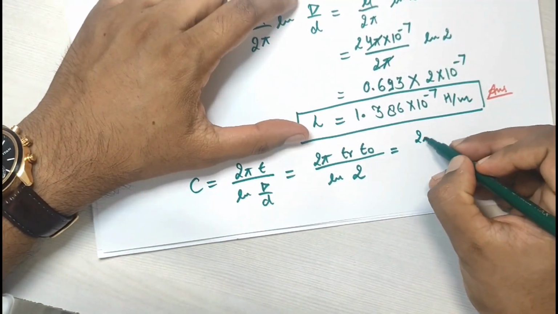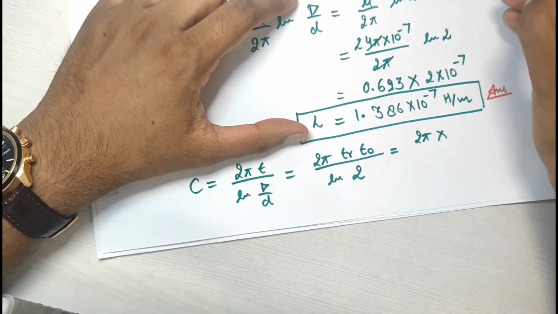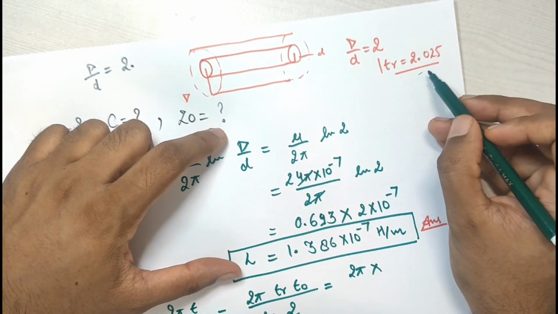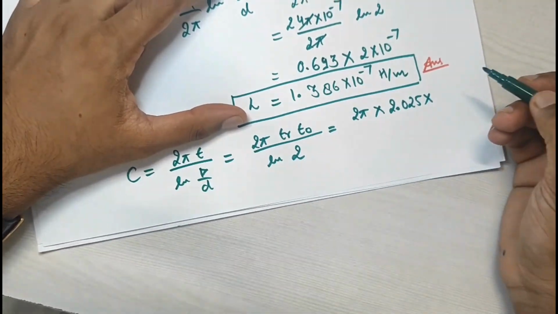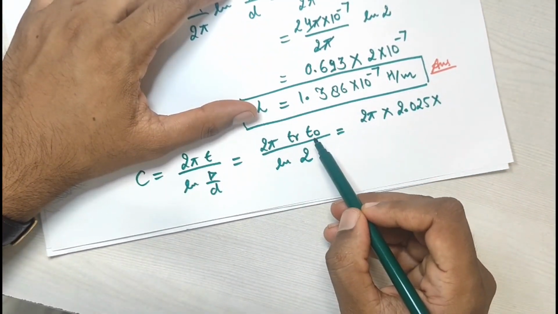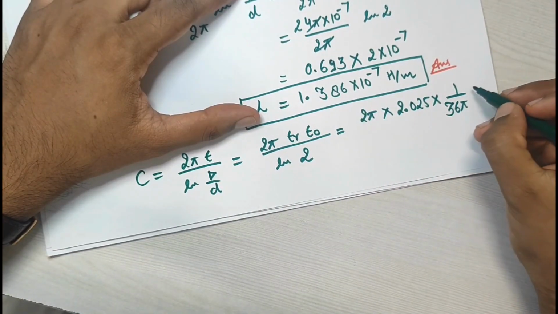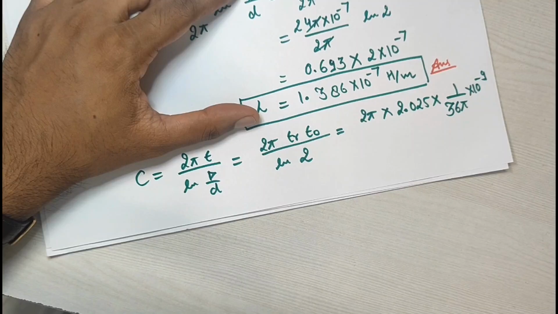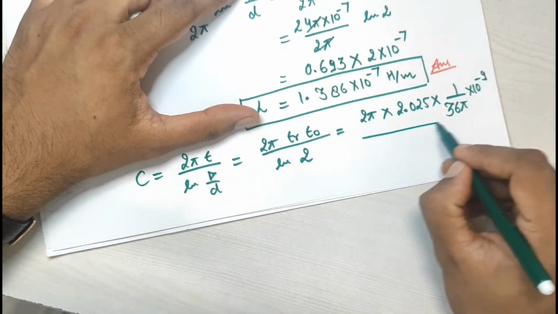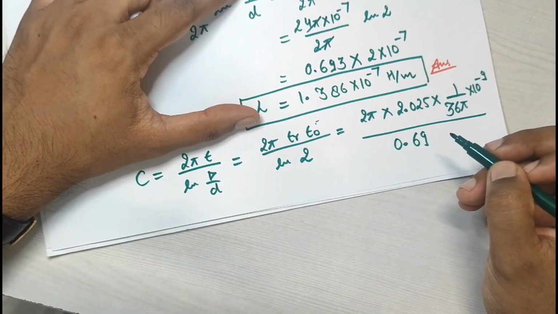So 2 pi, the value of epsilon relative is given, which is 2.025, and the value of epsilon naught is 1 upon 36 pi into 10 to the power minus 9, upon the value of ln 2, which is 0.693.